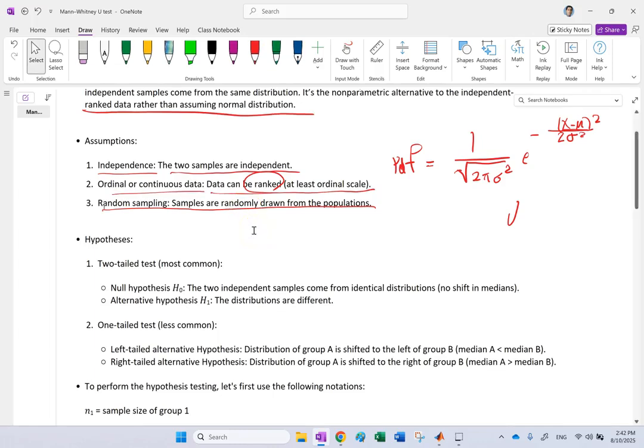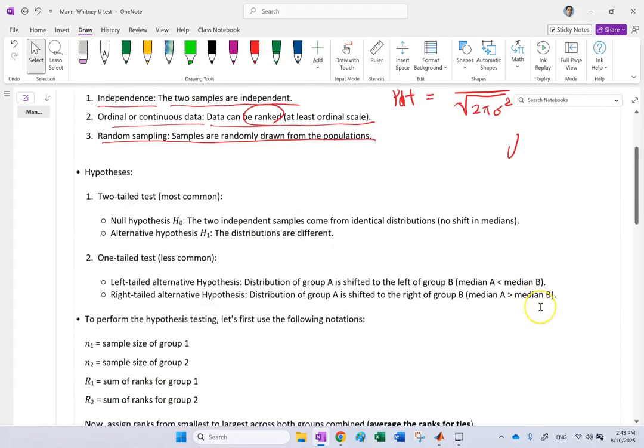If the data is categorical, like fall, spring, summer and winter, and you cannot really rank them based on something, then this method is not useful. Working on categorical data is a different story, and I can make a video about that. So here we assume the data can be ranked.